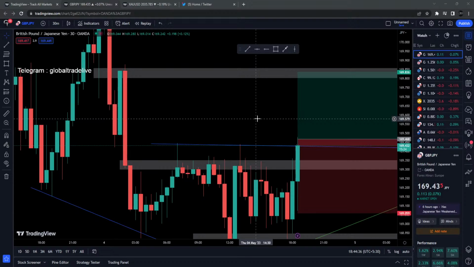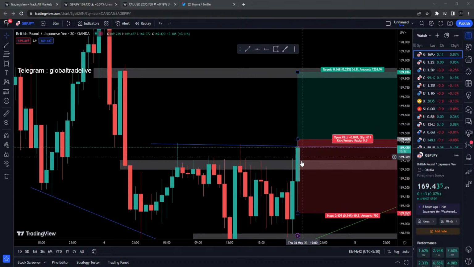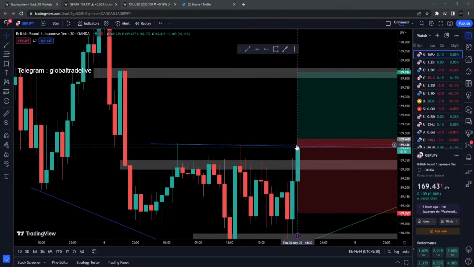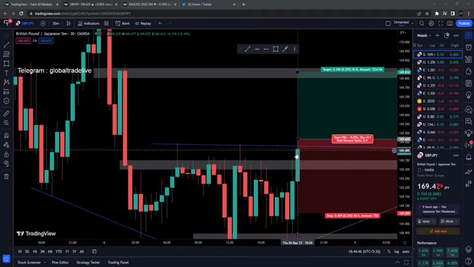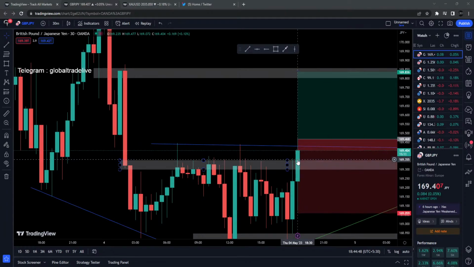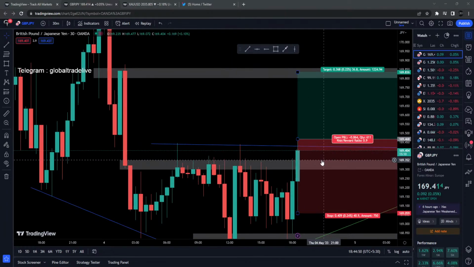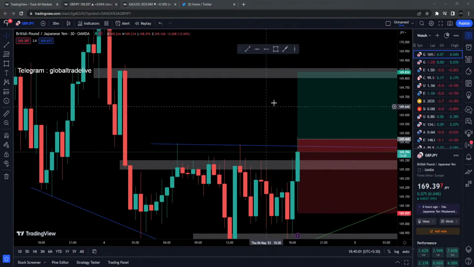Also the 15-minute candle is about to close, and I will be ready to manage my risk as well. If this candle over here comes below these wicks, I'm gonna close 50%. So the 15-minute candle has closed.